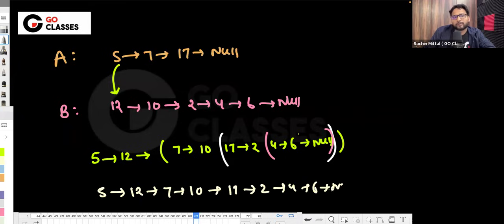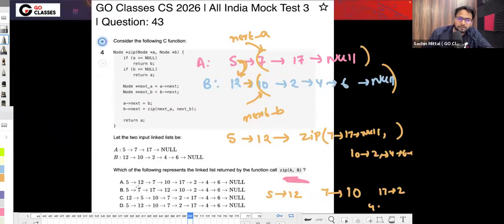So basically we are pointing to the alternate nodes. 5 will point to 12, then 7 10, then 17 2, and then there is nothing, so that's why 4 6 null. Okay, so that's how it is being done. So 5 12 7 10. I think A is the correct answer.